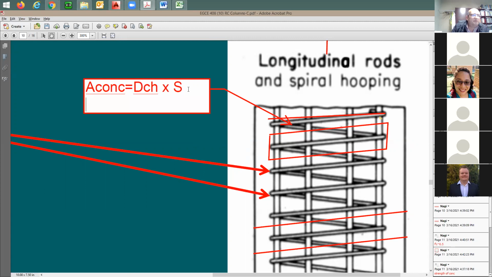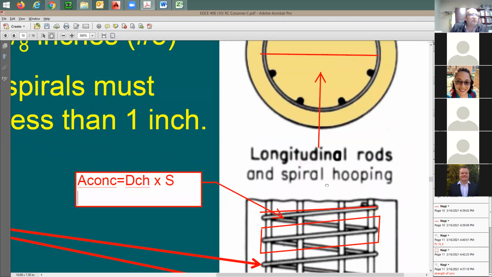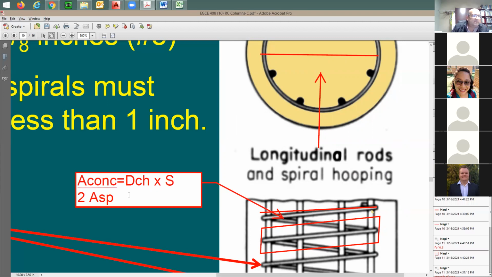How about the spiral reinforcement? How many bars do you think we're cutting through here? I'm cutting 2, right? So we say Asp, the area of the spiral, times 2. This is the steel, the cross-section area of the steel. So this is the steel ratio.